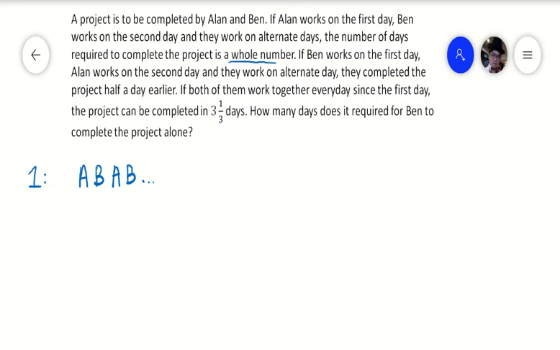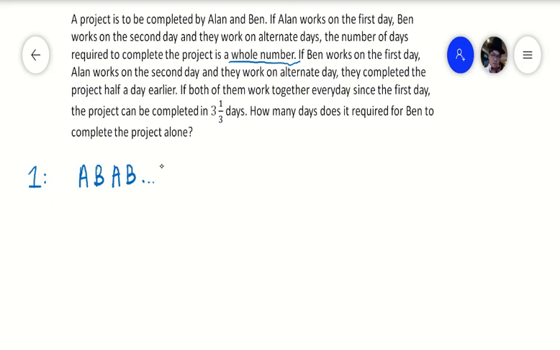Now a whole number means that they require maybe 7 days or 10 days to complete the project, but it is not 6.5 days or 1/4 days. It's not a fraction, but a whole number. So this is situation one.